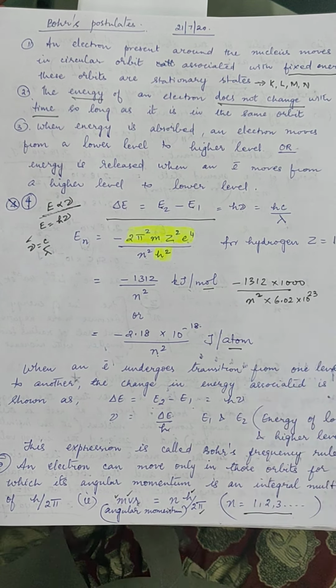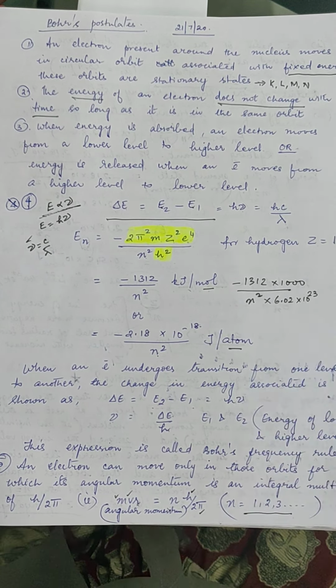Now if it is the energy of an electron belonging to the nth orbit, then it is minus 2.18 into 10 power minus 18 into z square upon n square joules. Why z square? It is for atoms other than hydrogen. So if you are referring to any other atom other than hydrogen, then the atomic number of that atom has to be included here.